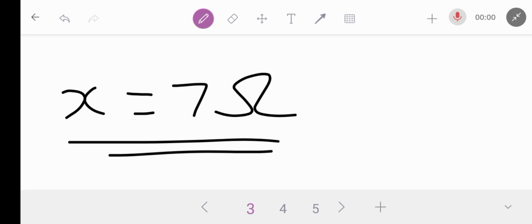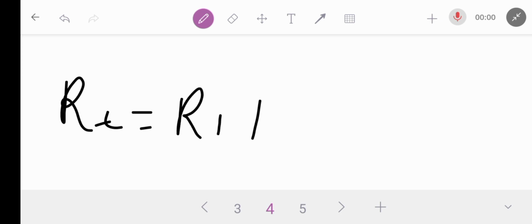So we can check out the options and see which one carries 7 ohms, because that is what our X is. Remember, this circuit is actually connected in series. So if that's the case, for us to find the total resistance, RT is equal to R1 plus R2.